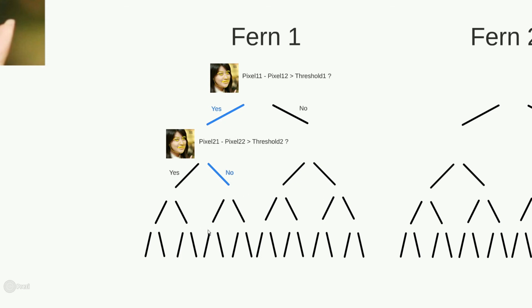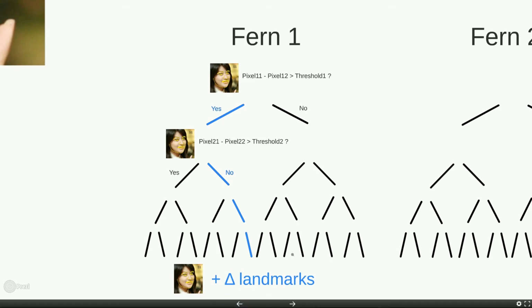On the fourth level, another question is asked. So it goes down until it reaches a leaf. And on the leaf, it stores the information of a delta landmark. For all these 16 leaves, a different landmark is stored. And as we go to this leaf, we add the landmark of this leaf to the current shape, which is shape 1.